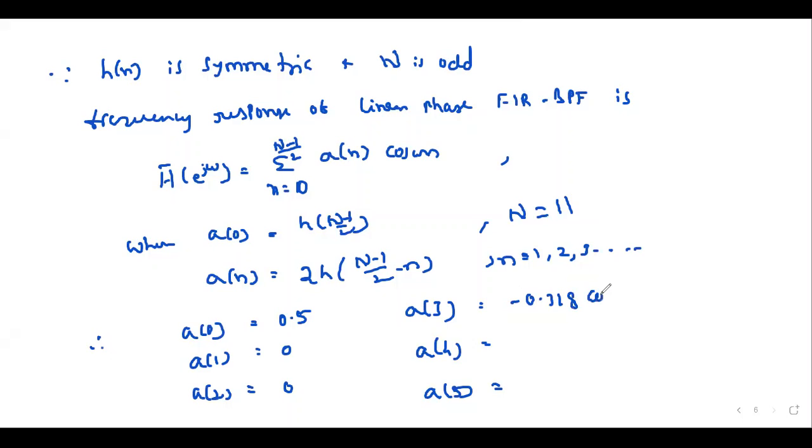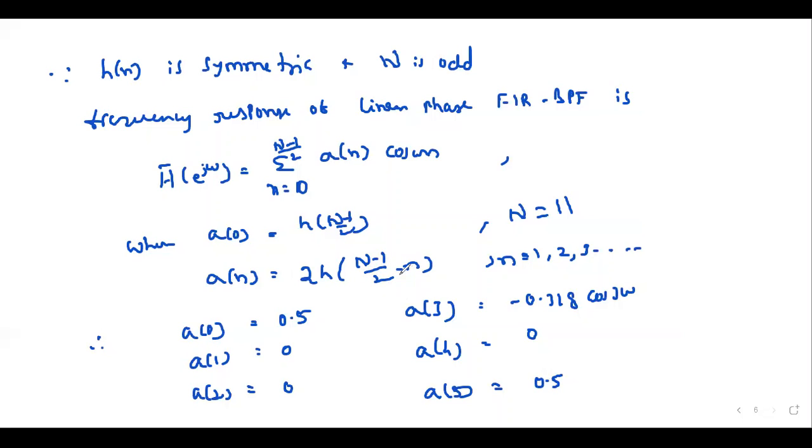Next, a of 4, 0, sir. A of 5 is 0.5 cos 5 omega? Are you sure, 0.5 only?